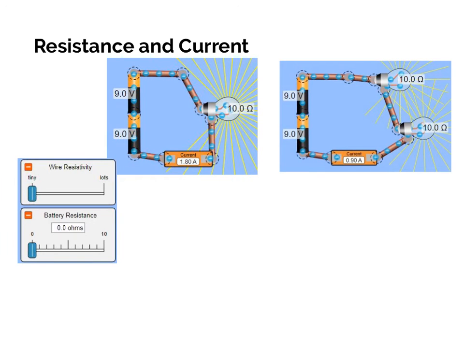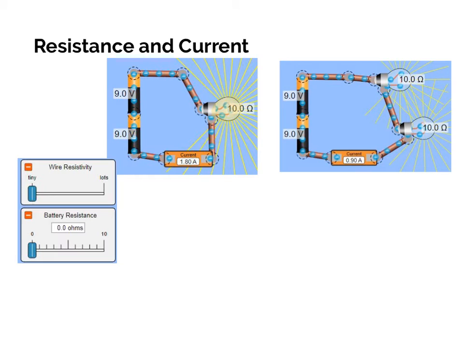Now, what I had you do in the activities and labs in class was, instead of using wires and all the other things as resistance, the simulation by itself has the wire resistivity, even the battery resistance, all turned down very low to essentially nothing. So the things that we were using as resistors were the light bulbs.